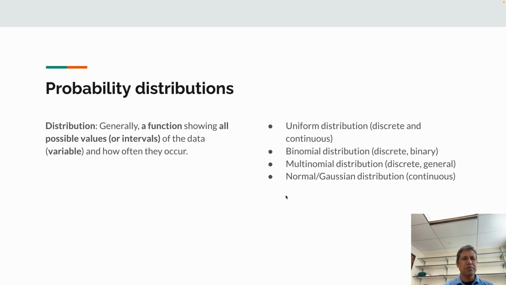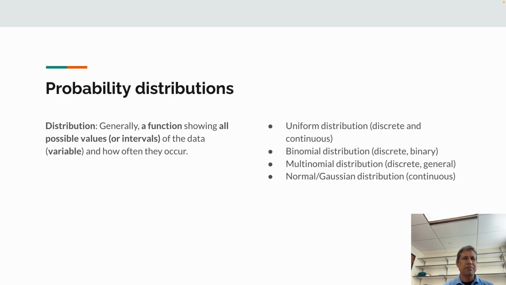There are other examples of mathematical probability distributions, but we have just shown you a few examples, and some of them are actually variable type dependent. For example, uniform distribution can work both for discrete and continuous variables. Binomial distribution works for binary and discrete variables. Multinomial distribution is quite general for discrete variables, and normal distribution only works for continuous variables.